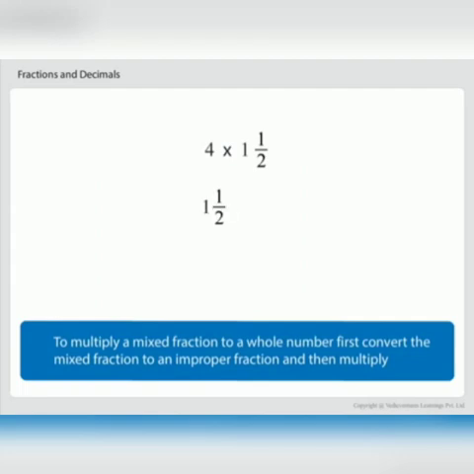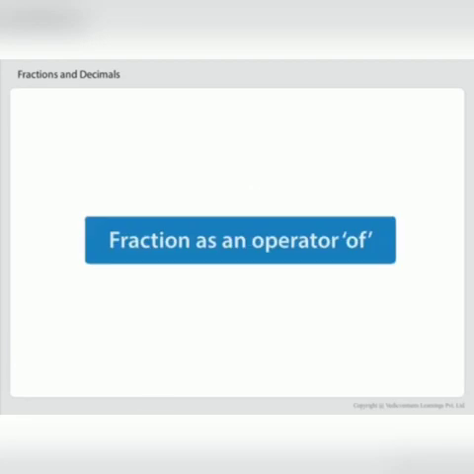So 1 1/2 equals 3/2, which is an improper fraction. Now we multiply 3/2 with 4. So 4 into 1 1/2 equals 4 into 3/2 equals 6. This is all about how to multiply a mixed fraction by a whole number.